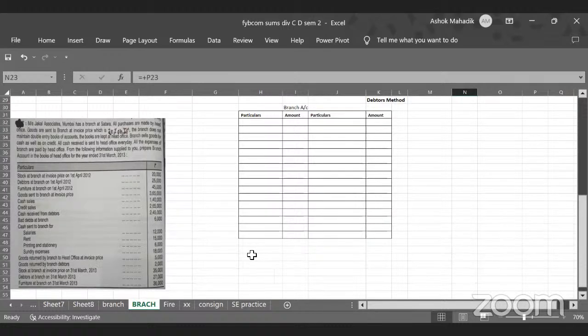In DEBTORS method, if asked, or if some figures are given as missing, then only you need to make those accounts like debtors account, okay, cash account. If nothing is mentioned, only make this branch account. Okay, give me 2 minutes.